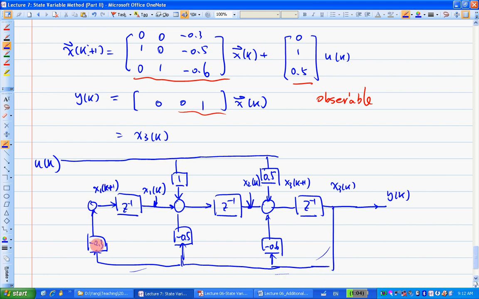It's basically this signal here, which is negative 0.3 by x3 of k. So x1 of k plus 1 equals x3 of k by negative 0.3. See this state space equation here? x1 of k equals this number by x3 of k, matrix multiplication. Let me write here, for the purpose of trying to verify this.